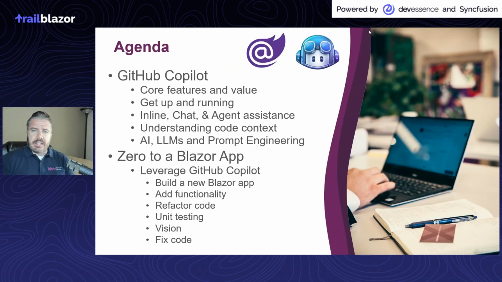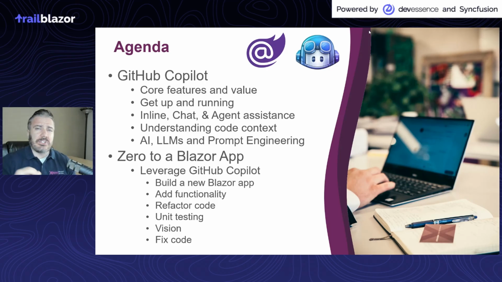Let me set the landscape for the agenda that we're going to talk about. What we want to do is leverage AI and GitHub Copilot to assist us with building Blazor applications. I'll start by laying out what GitHub Copilot is, the value, and a very high-level look at how it works.